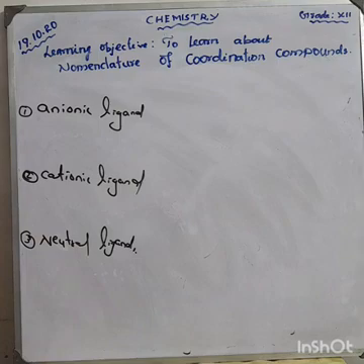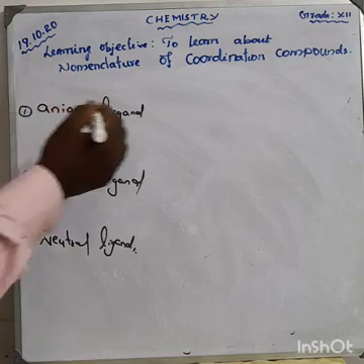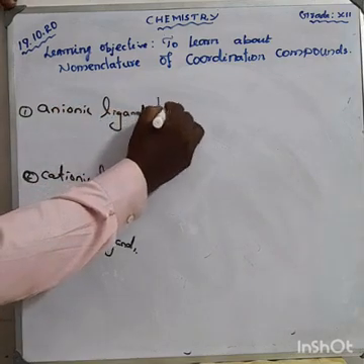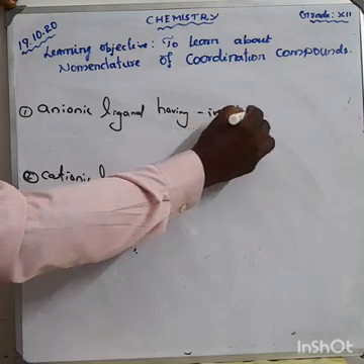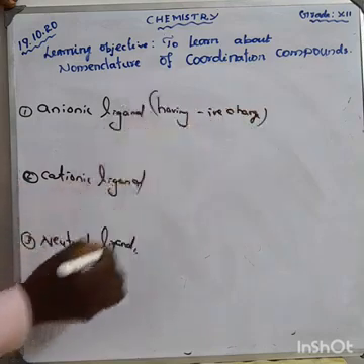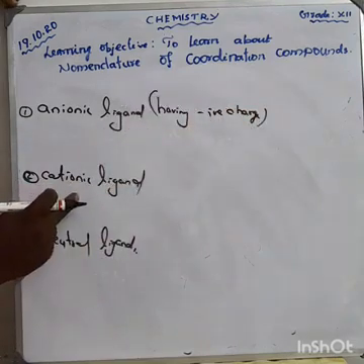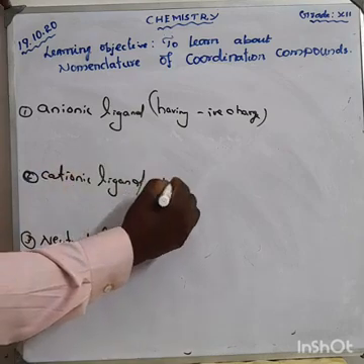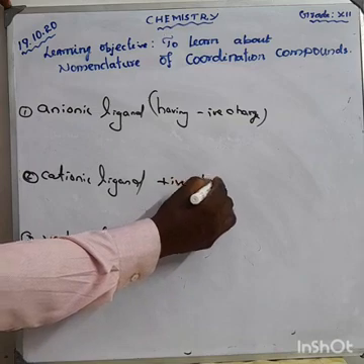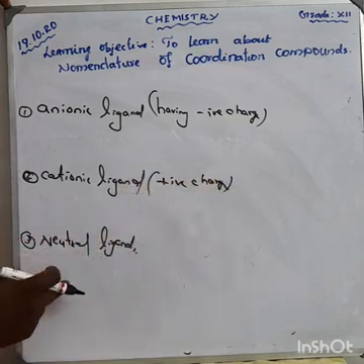Which are the anionic ligands? Anionic ligand means having negative charge. Am I right? What about the cationic ligand? Positive charge. What about the neutral ligand?